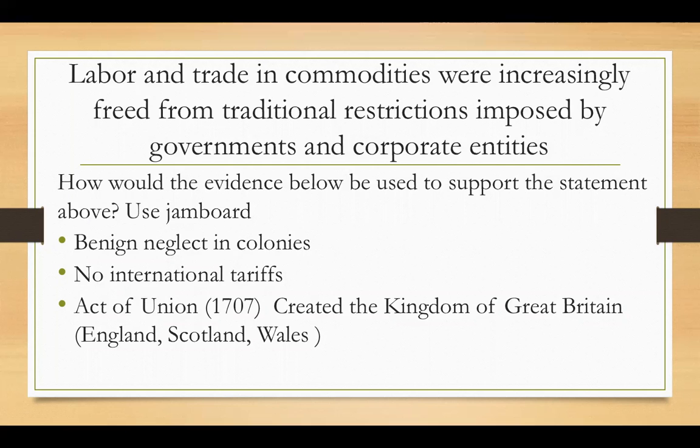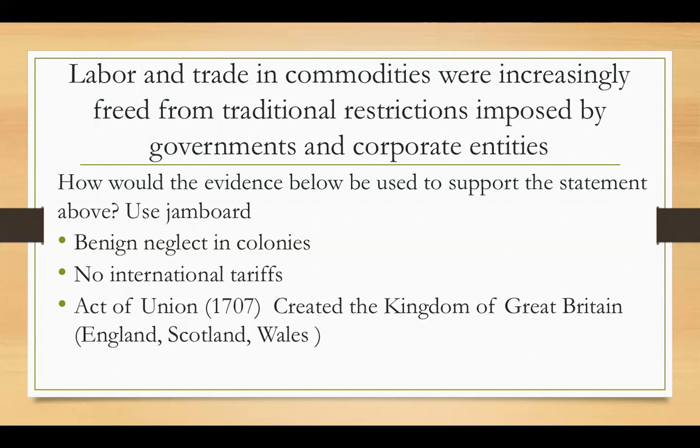Labor and trade in commodities, same theme. Labor and trade in commodities were increasingly freed from traditional restrictions imposed by governments and corporate entities. So how would the evidence below be used to support the statement above? So in a second, these are 3 statements: benign neglect in the colonies, no international tariffs, and the Act of Union.